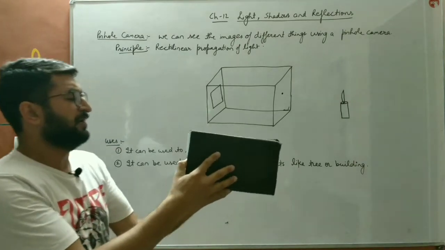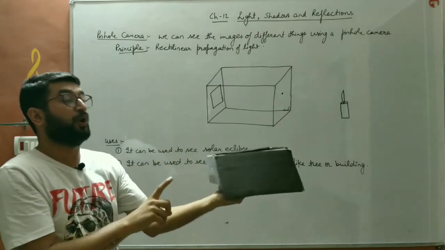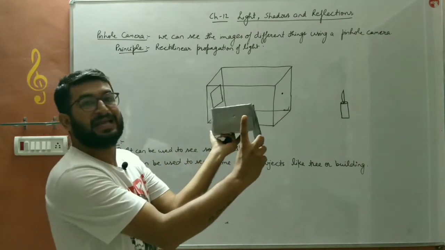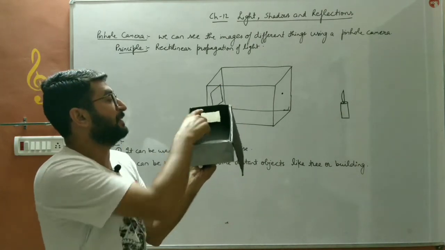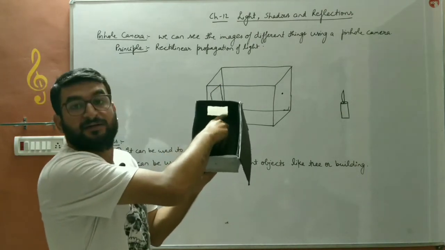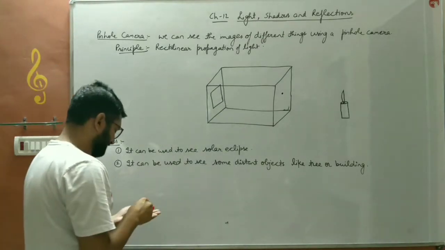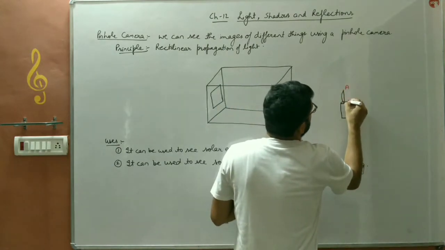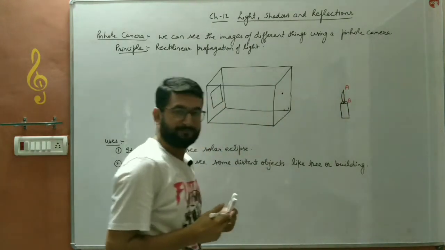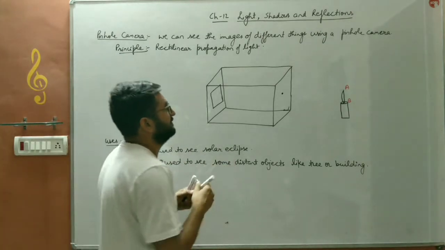Now, bache, place an object in front of it like a burning candle and watch. Here, place the burning candle and observe the image on the butter paper inside it. Then you will observe, bache, an inverted image of this candle flame, which we refer to as AB. We have given this candle flame a name, bache, and that name is AB.